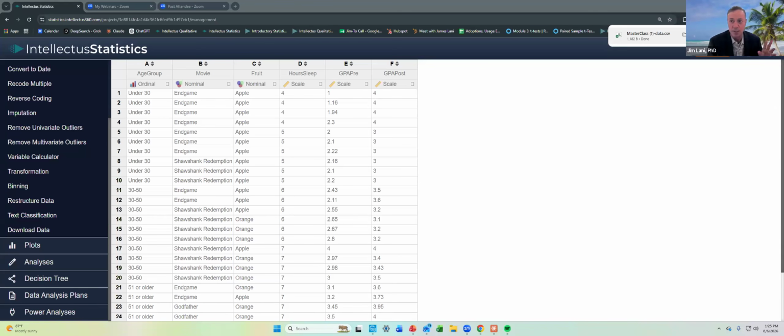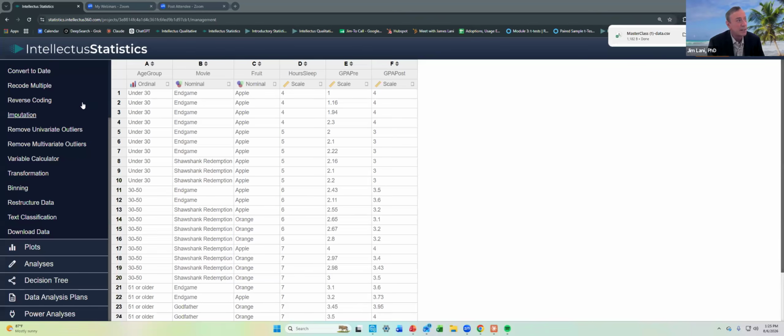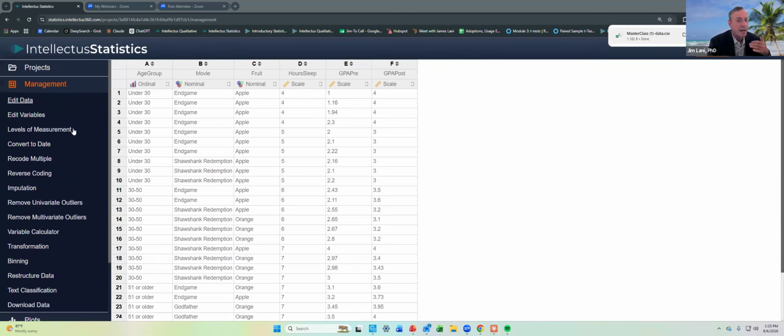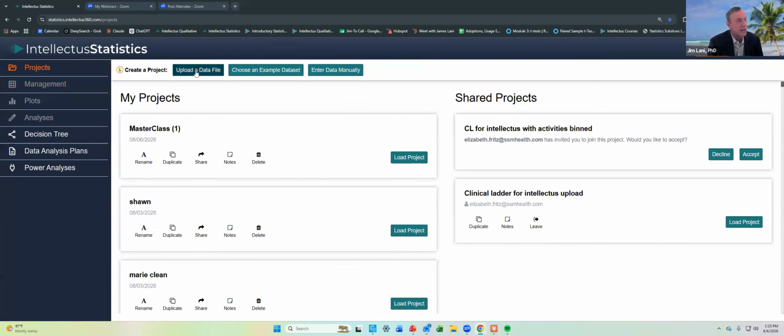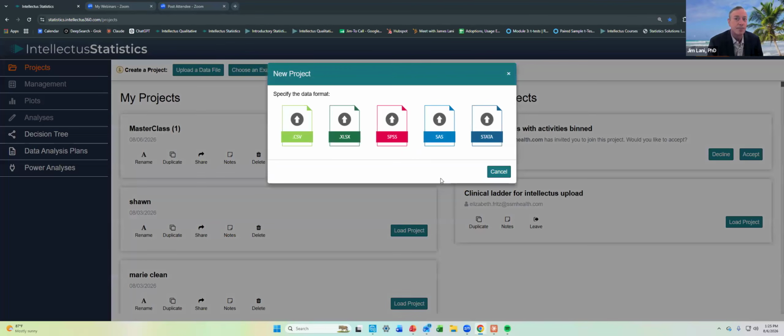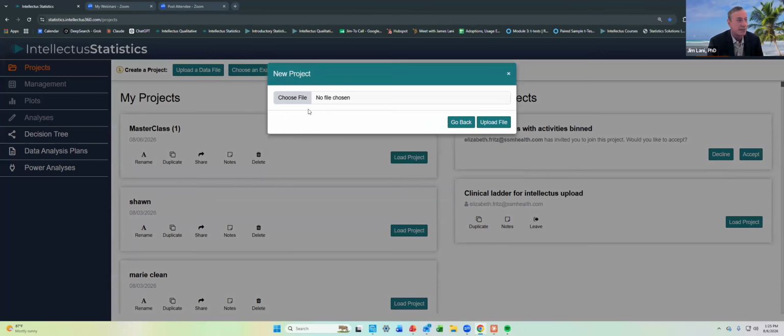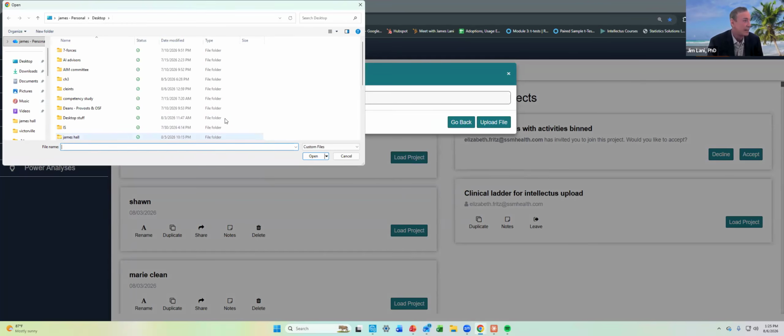Let's just do two things really quickly. One is, take it from me, anybody who's doing data analysis, the data clean is the problem. So we have a data cleaning wizard under projects. I'm going to upload a data file, go to CSV.